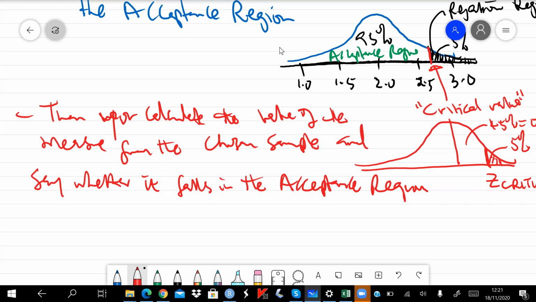You say whether the calculated measure falls in the acceptance region or in the rejection region.